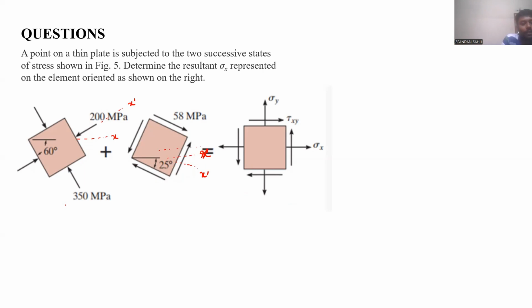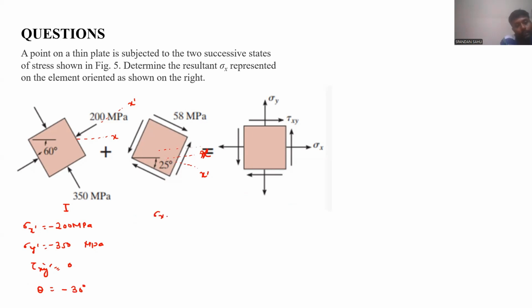So for the first, if we write this as 1 and this as 2, for the first case we have sigma x prime to be minus 200 MPa, sigma y prime to be minus 350 MPa, both are minus because both are compressive, and tau x prime y prime equal to 0, and theta equal to minus 30 degree.